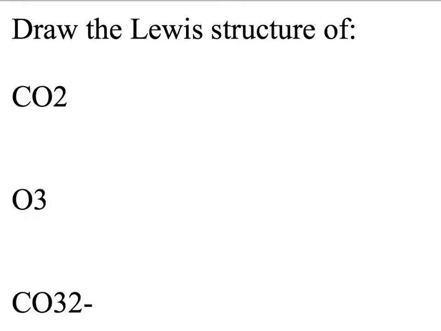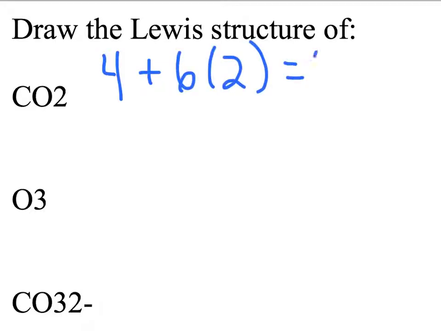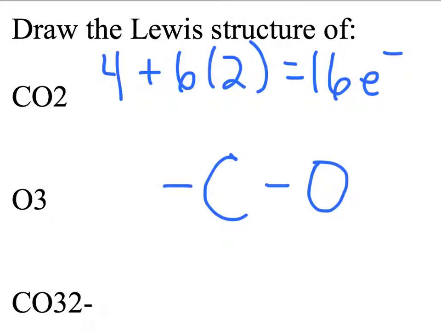We'll start with CO2. Remember, my first step is to add up my total valence electrons. So I have 4 from the carbon and 6 from each oxygen, and I have 2 of them. So I have a total of 16 valence electrons. My next step will be to draw the simple skeletal structure with my carbon connected to 2 oxygens. And now I'm going to try to satisfy the octet of each of my non-central oxygen atoms.